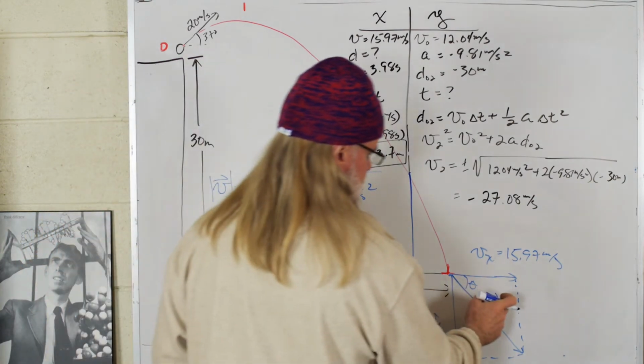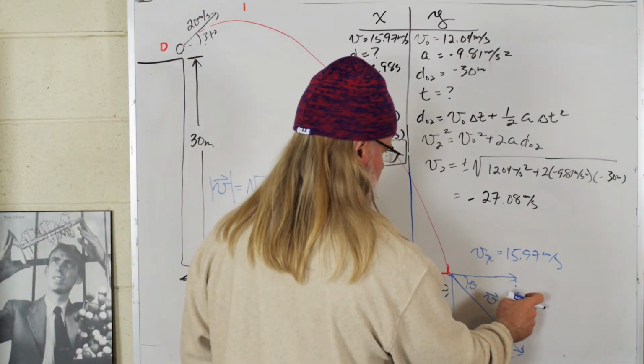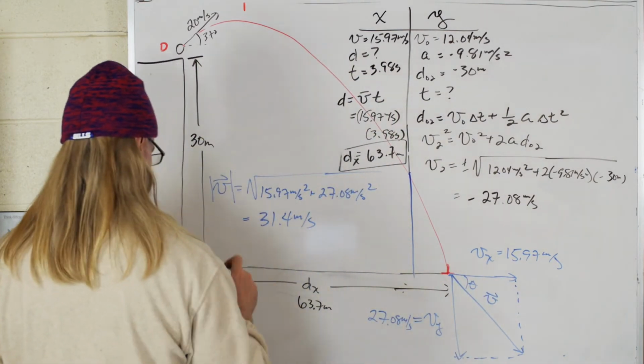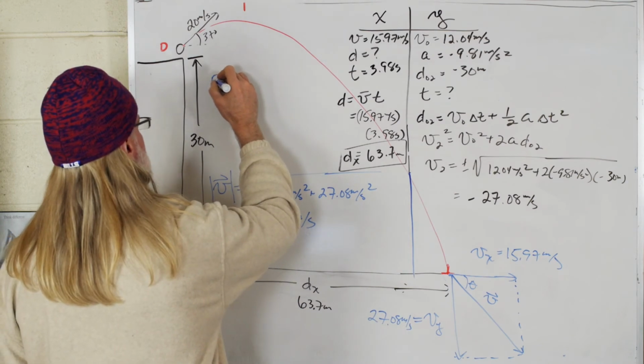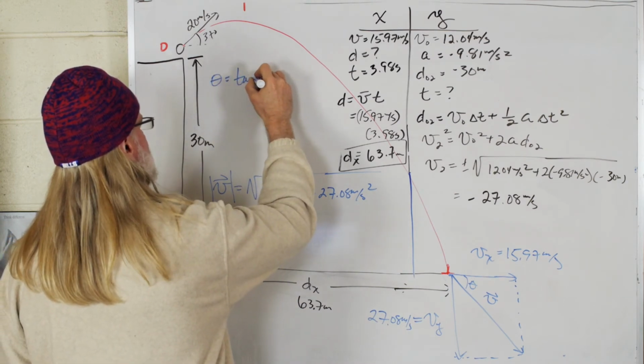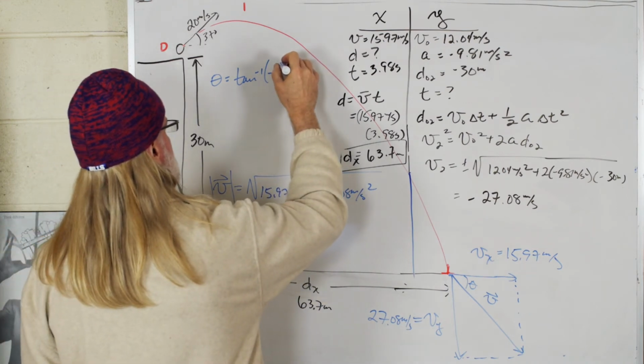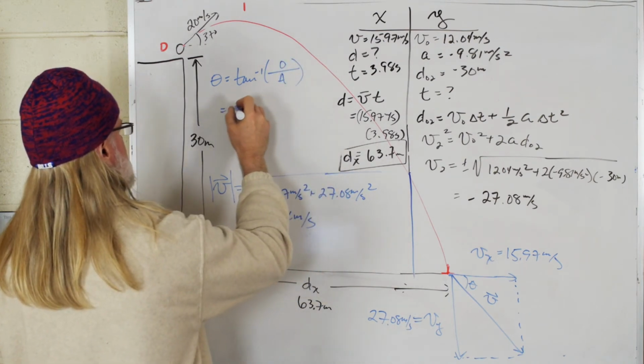And the angle: we have the opposite side and the adjacent side, so we'll use tangent, and inverse tangent to find that. The angle equals inverse tangent of opposite over adjacent.